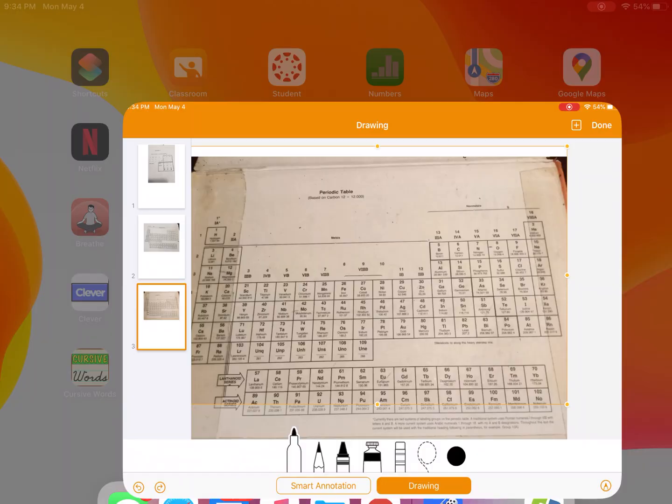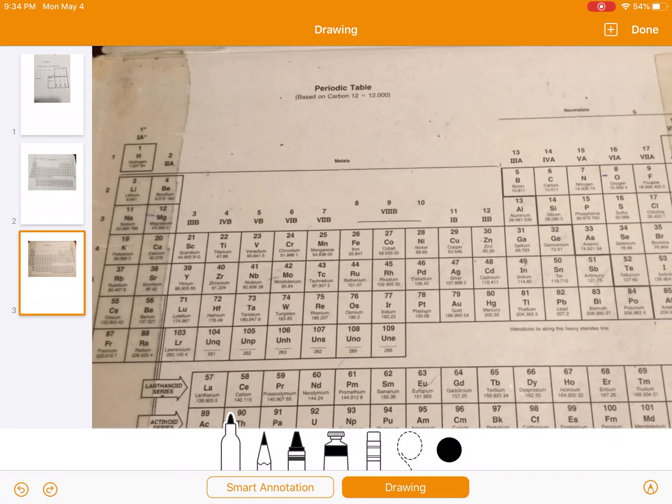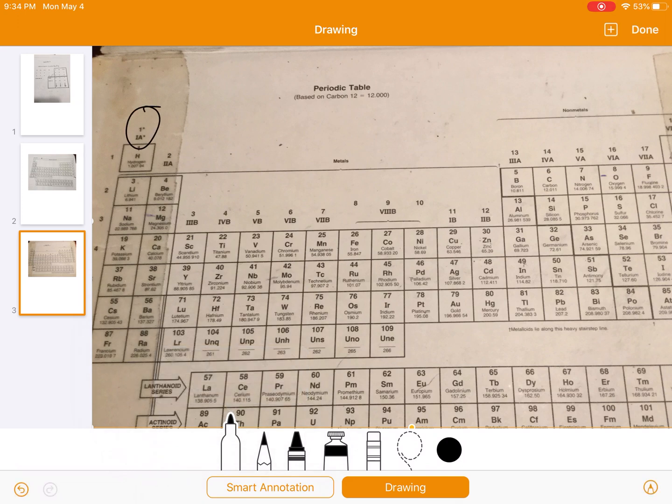If you look at your periodic table, the Roman numeral tells you the number of valence electrons. So group 1A has 1 valence electron. Group 3A has 3 valence electrons.